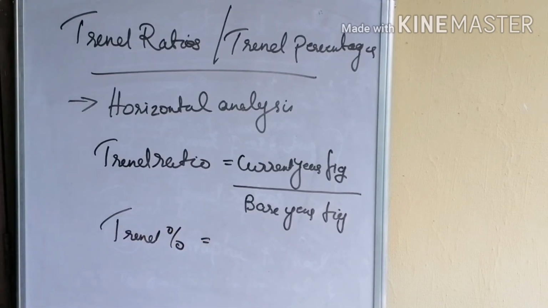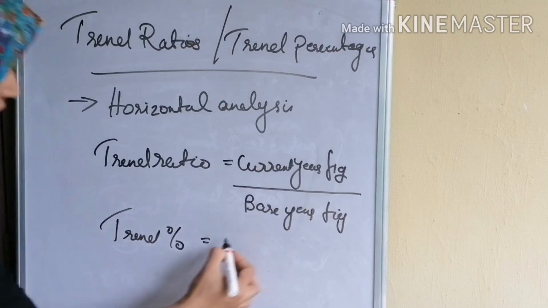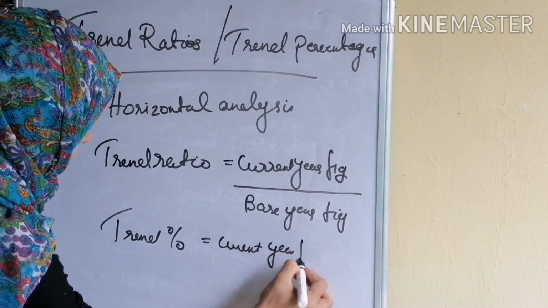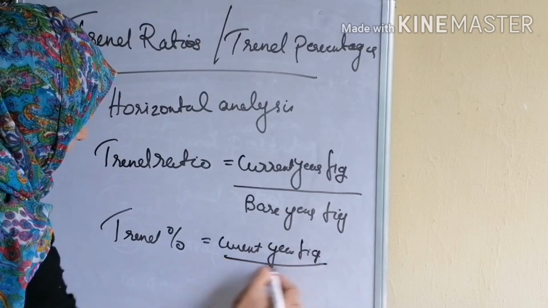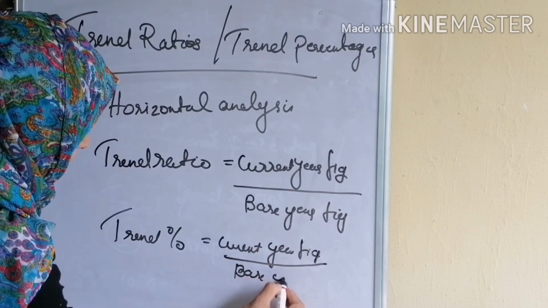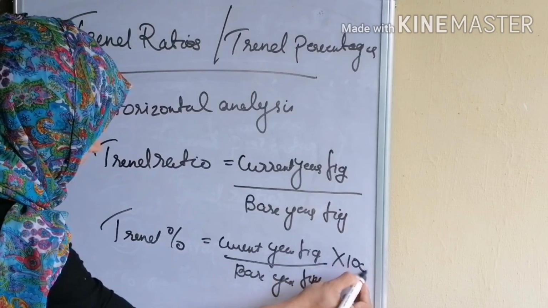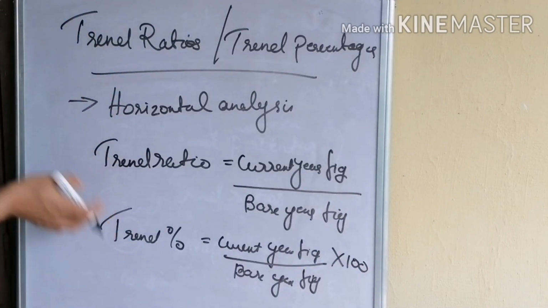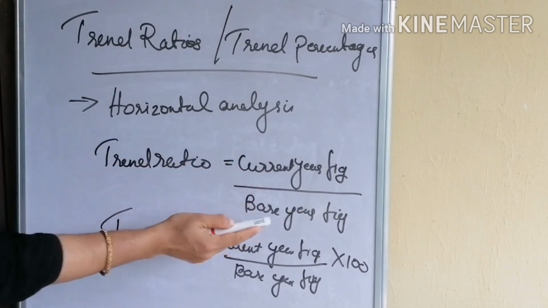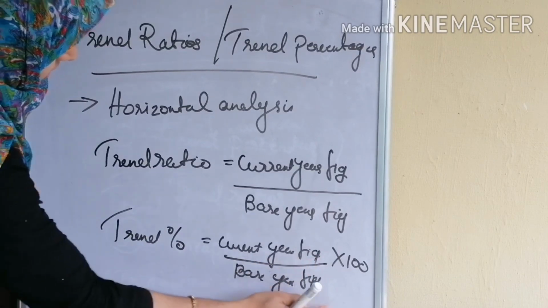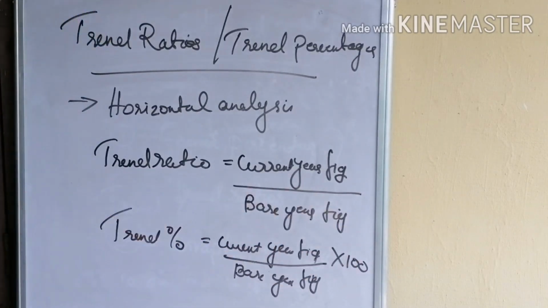Trend percentage equals current year figure divided by base year figure into 100. These are the equations to find out the trend ratio and trend percentage.